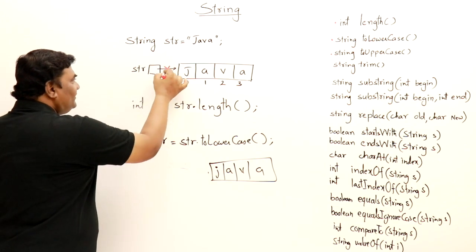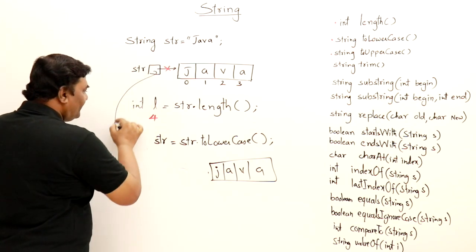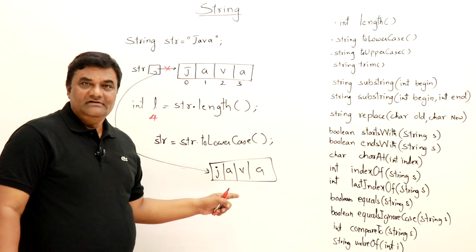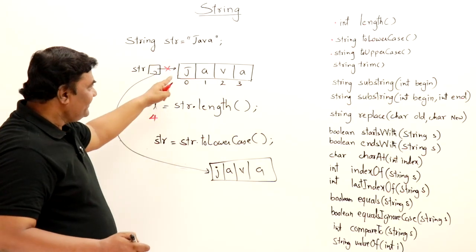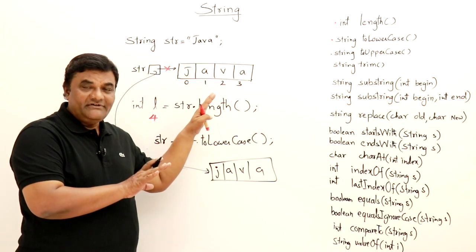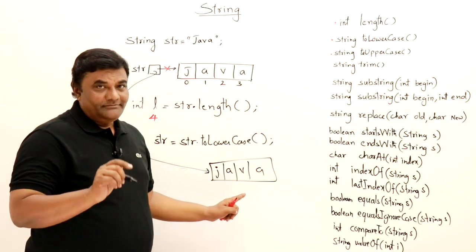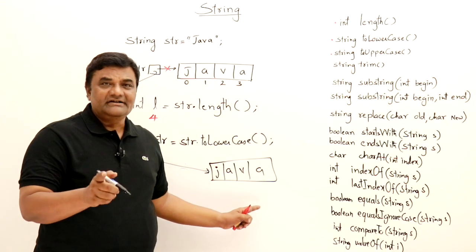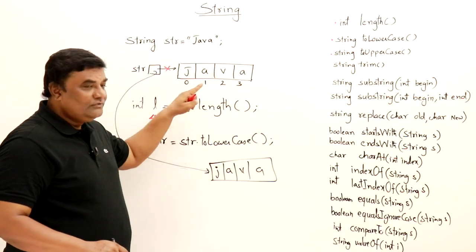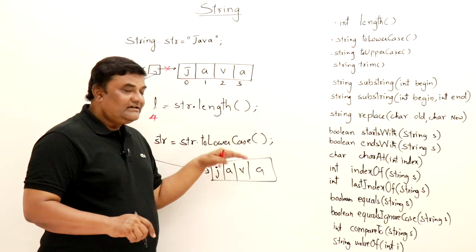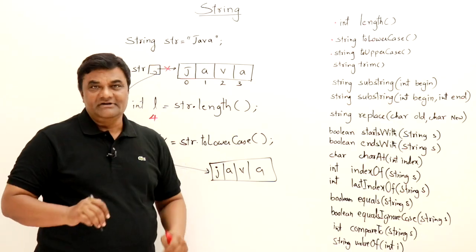So str will not be pointing here, but on the new object. The same thing is not modified, but the same reference will be pointing on the new object. And one more important point: this new object will be created in heap. This was in the pool, but this will be created in heap. So this result object will be inside the heap.